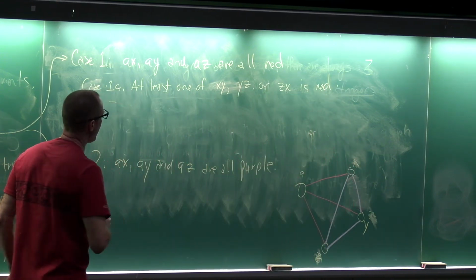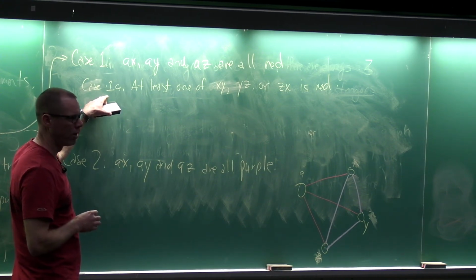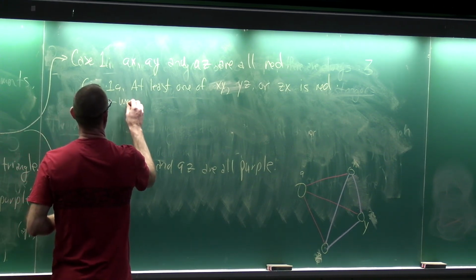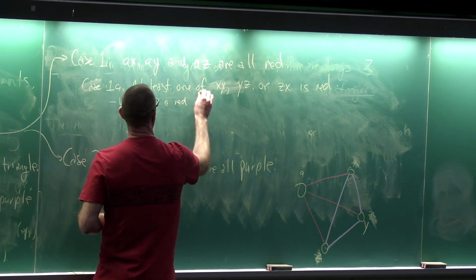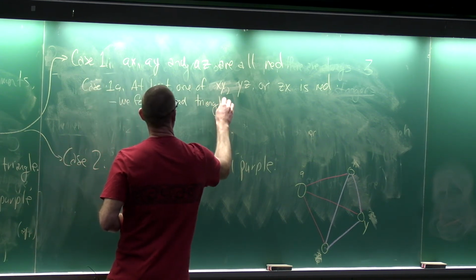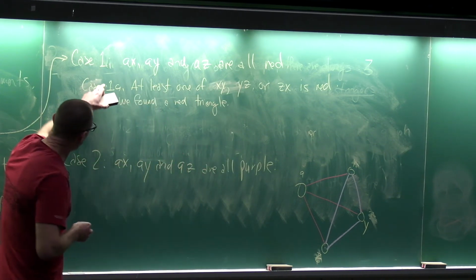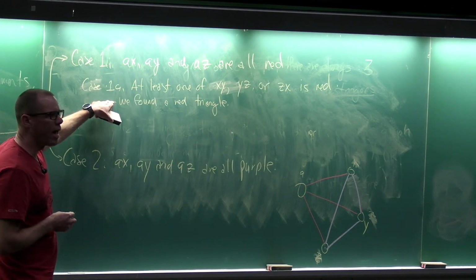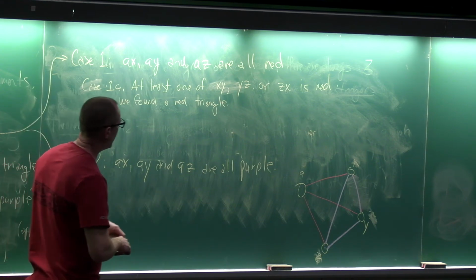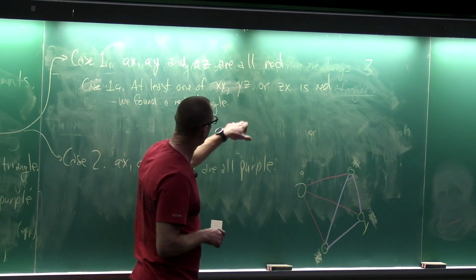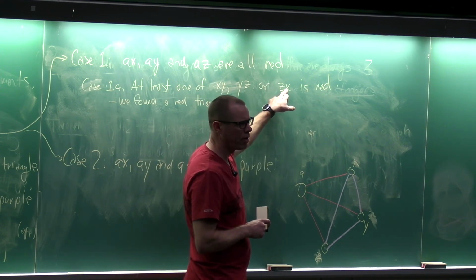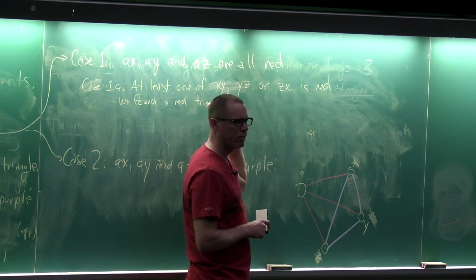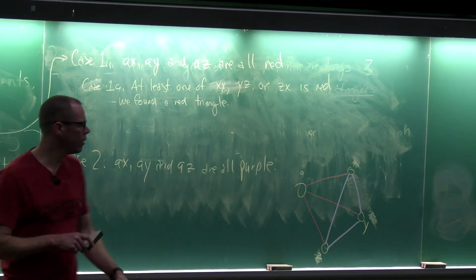In that case, we found a red triangle. And if you want to be really pedantic about it, you can break that into 3 cases. For example, case 1 is XY is red, case 2 is YZ is red, and case 3 is ZX is red. But I think you see that in any of those 3 cases, it's that red edge plus the A that gives it to you.